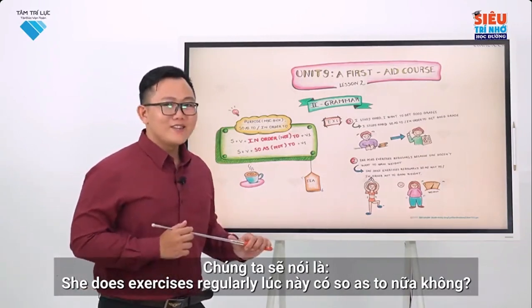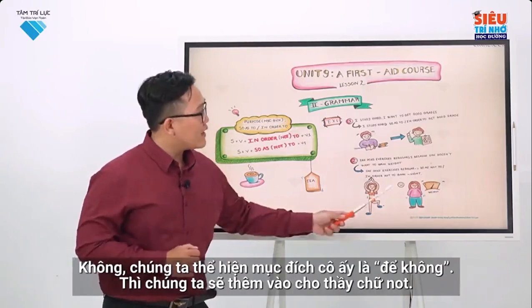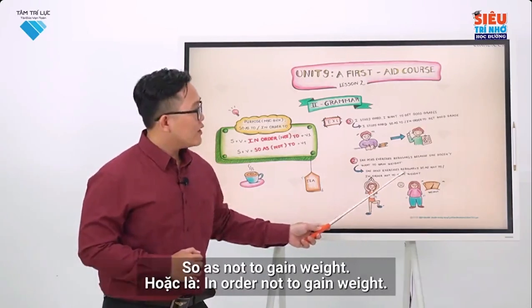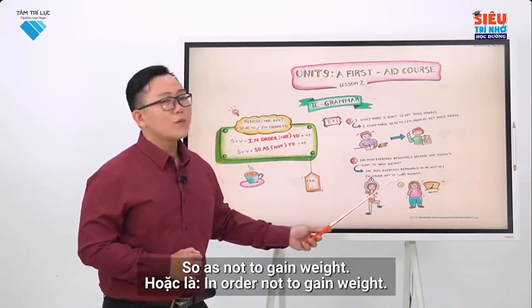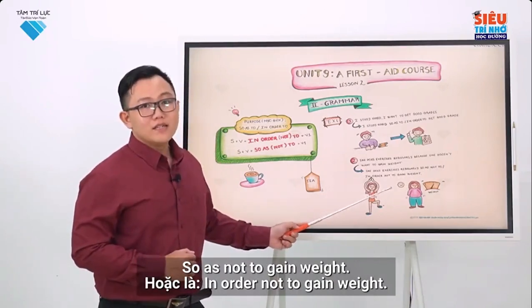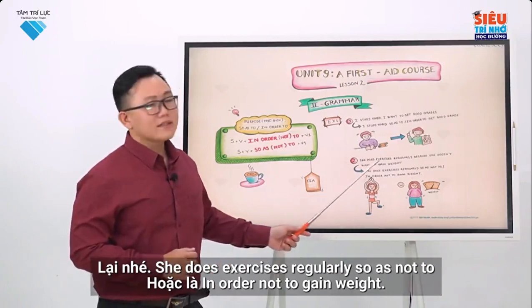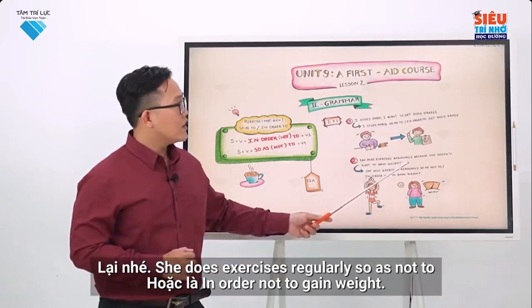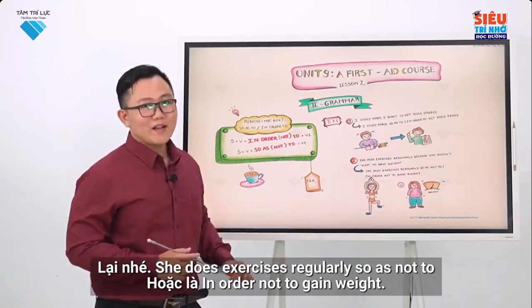Now, is there so as to anymore? No, we express her purpose, which is to put not. So we will add the word not. So as not to gain weight, or in order not to gain weight. Again, she does exercises regularly so as not to, or in order not to gain weight.